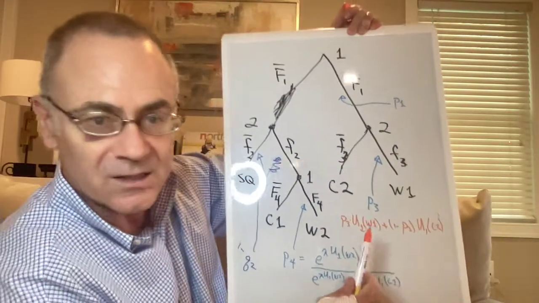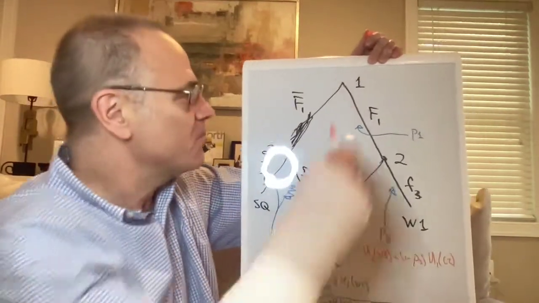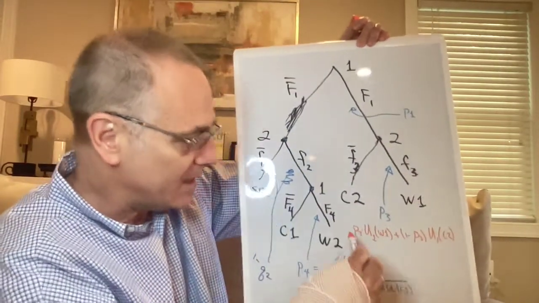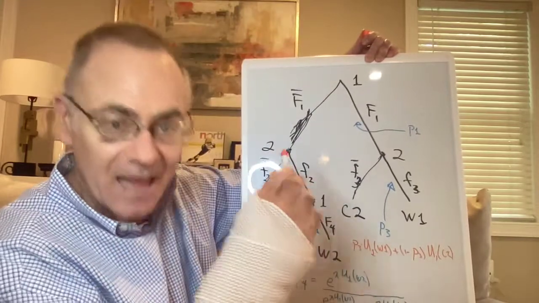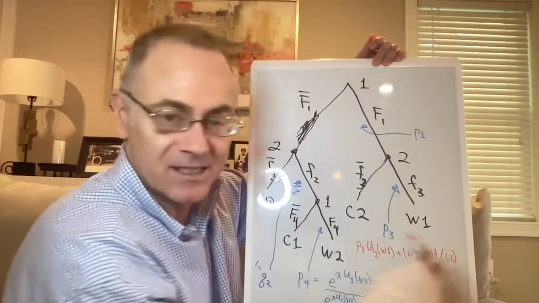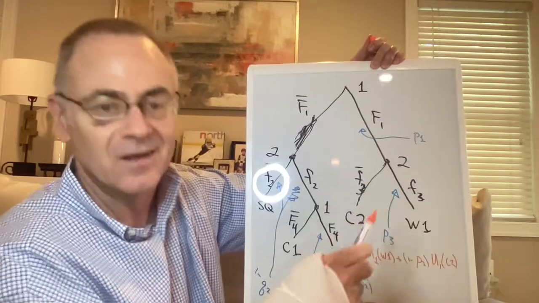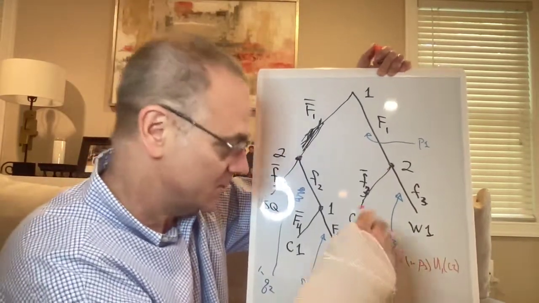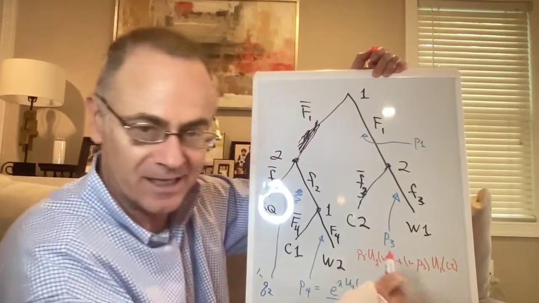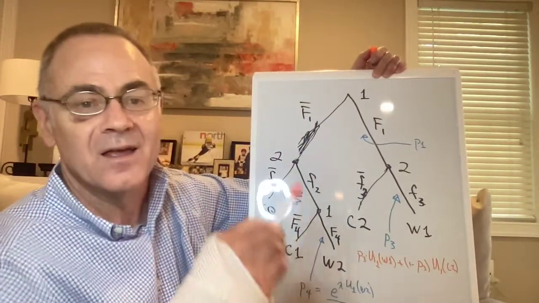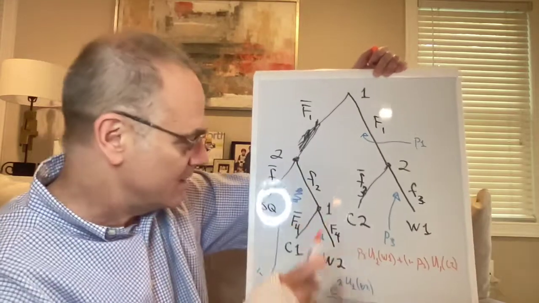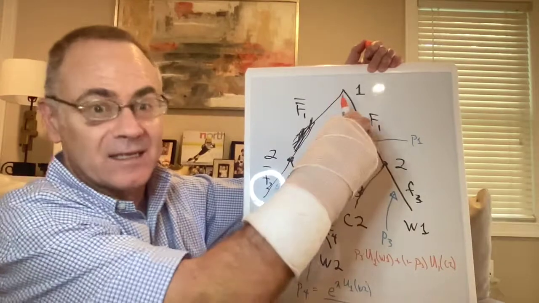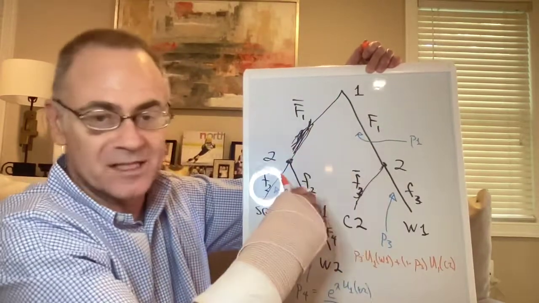Okay. So when we do the McFadden trick, the probability that 1 is going to go down this branch is going to be E to the lambda times all of this stuff in the numerator. The denominator is going to have that term again, E to the lambda times all this, plus another term, E to the lambda times the expected utility, the expected seen utility from going down this branch.